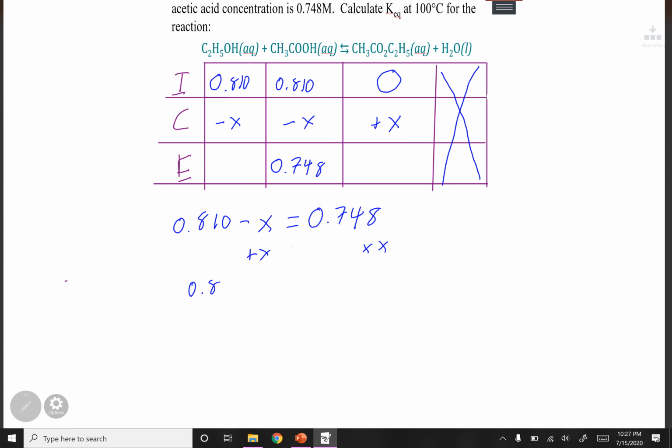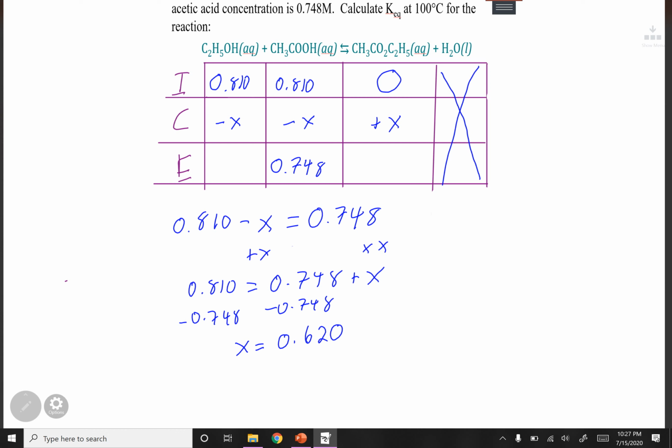So we end up with 0.810 is equal to 0.748 plus x. So now how can we get x by itself? Just subtract 0.748 from both sides. And so we end up with x equal to 0.062.